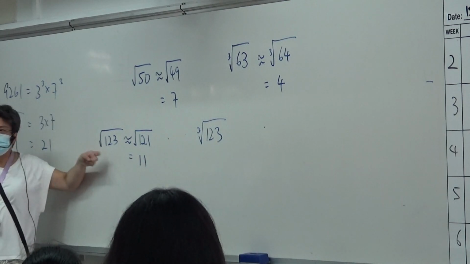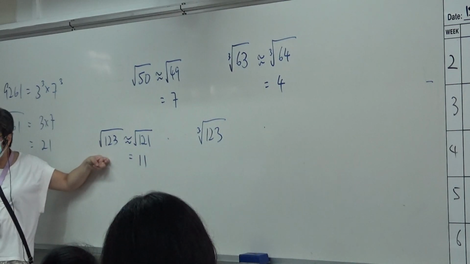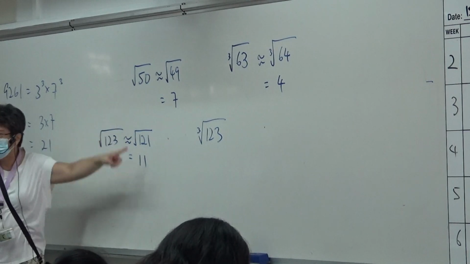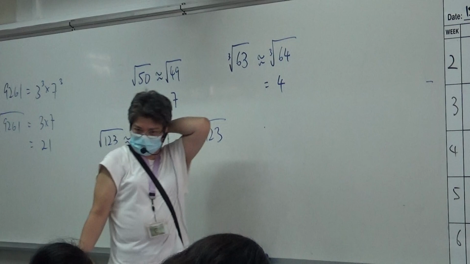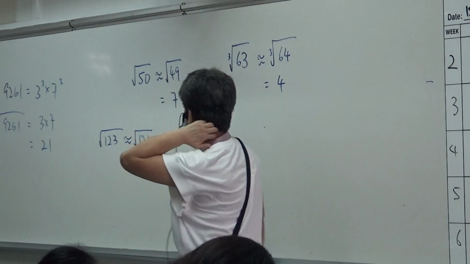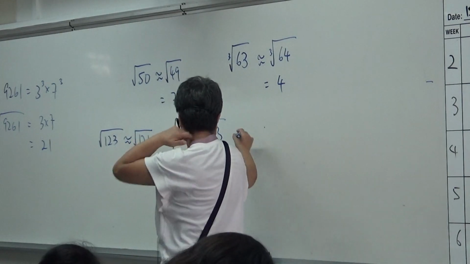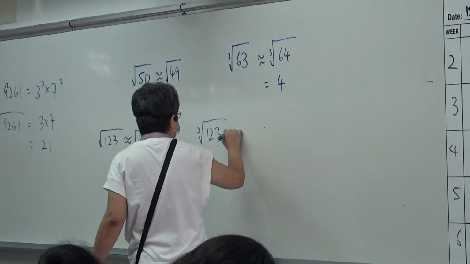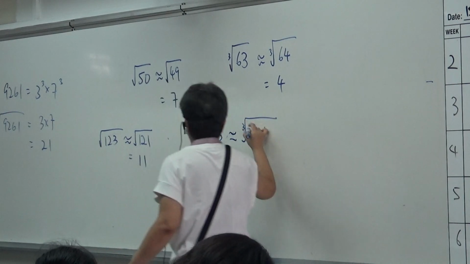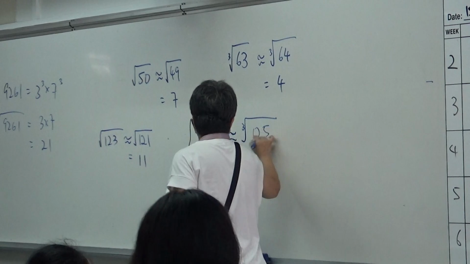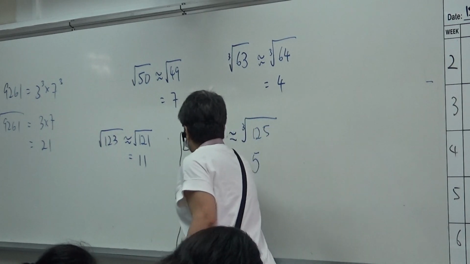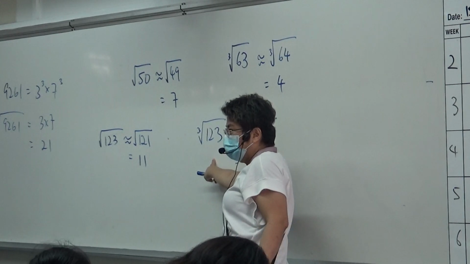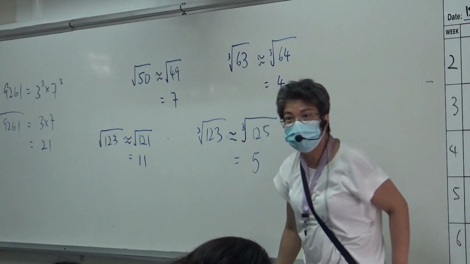Then is this more or less? More. Okay? Can you take down this answer as a practice now? Can you tell me this one approximately cube root what? Very good, 125. Answer? 5, right? The original one must be more than or less than 5? Less than. Can you understand now?